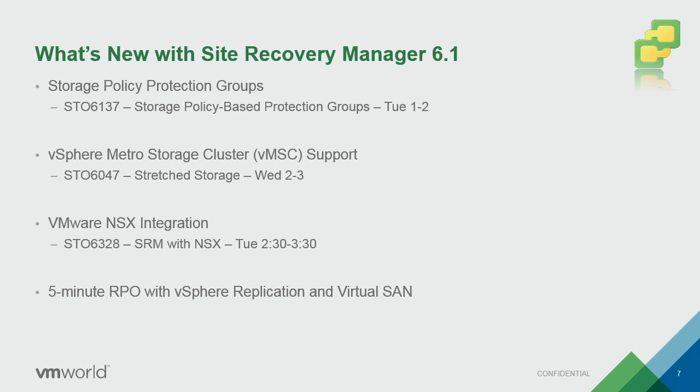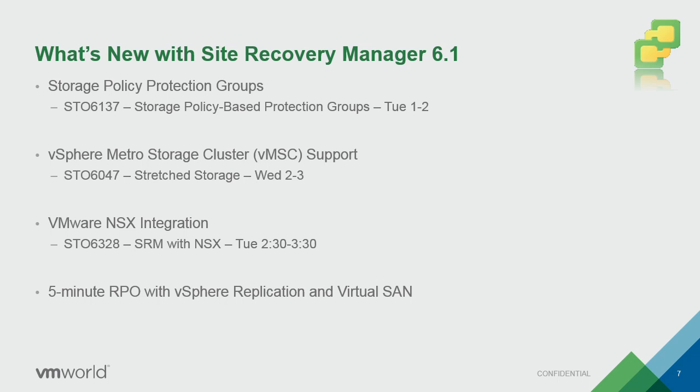So what's new with SRM 6.1? This is going to be really quick, and again, if you want deep dive detail on these new features, go to these sessions. So first, storage policy-based protection groups. Storage policy-based protection groups are a new type of protection group that is based on storage policies.